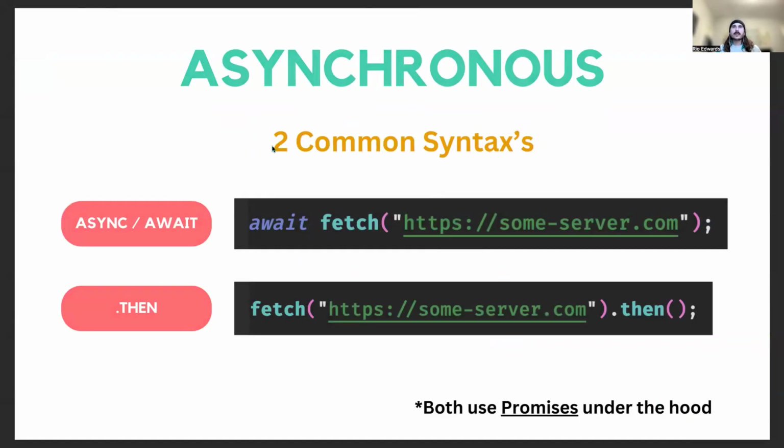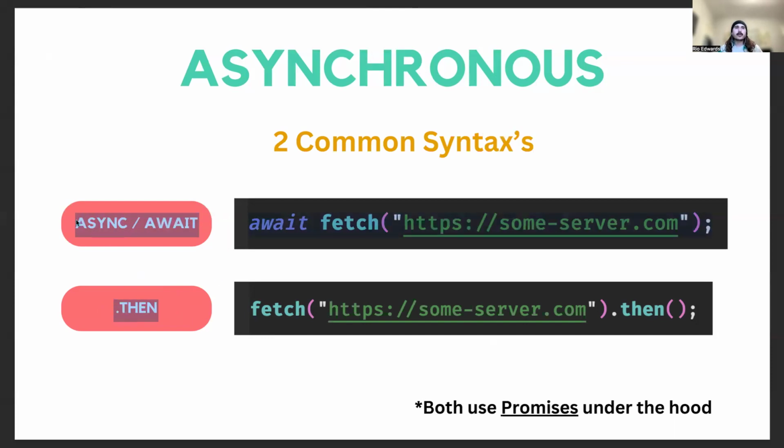Now, there are two common syntaxes that you'll see for asynchronous code. One of them is the async and await syntax, and the other is the .then syntax. These make sense if you've seen the evolution of JavaScript. I wasn't around writing code when people used .then more often. I learned through async and await.